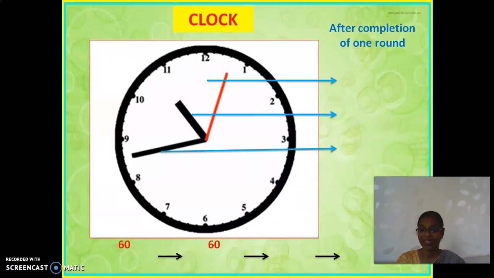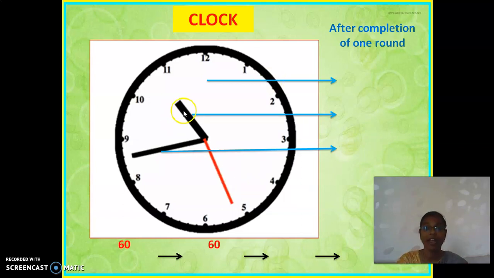So, what is our topic? Clock. So, we can calculate hours, seconds, minutes. With the help of the clock, we can calculate the time. Am I right? So, how many hands are there? 3 hands are there in a clock. So, what are the hands? Hour, minutes and second.